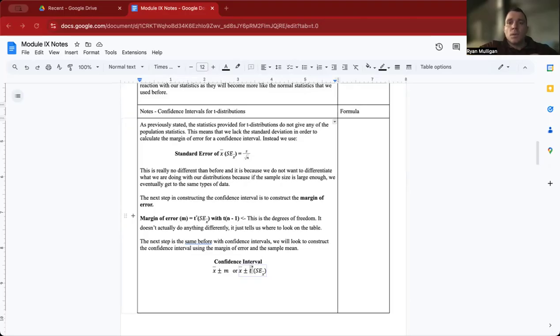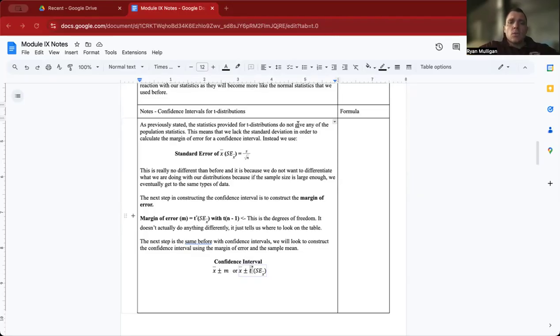for this problem. So to find T star, if we want a 95% confidence interval, that will be given. It's always got to be given, as you saw in the last chapters. For the 95% confidence interval, we're going to use T star. I'm going to go to this table that I'm going to upload.